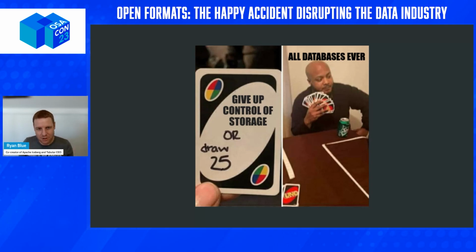But this is actually contrary to the model that most databases use. Almost all databases, through necessity, have never been able to share storage. So the model has been, you put your data in, and then you can access it only through that one engine. You can copy it out maybe, but primarily you access Redshift data through Redshift and Snowflake data through Snowflake.